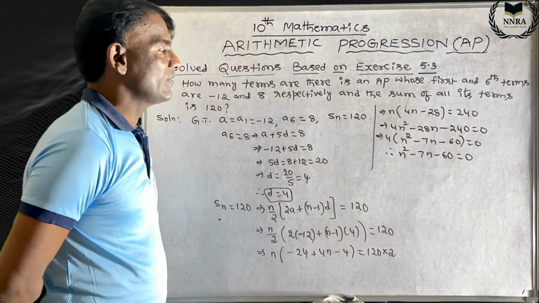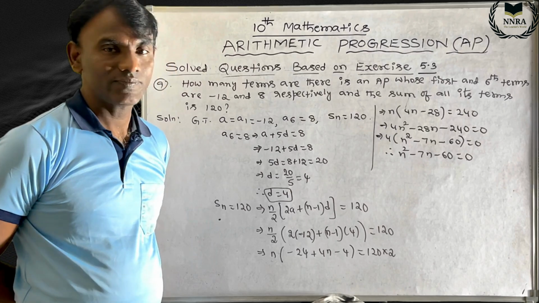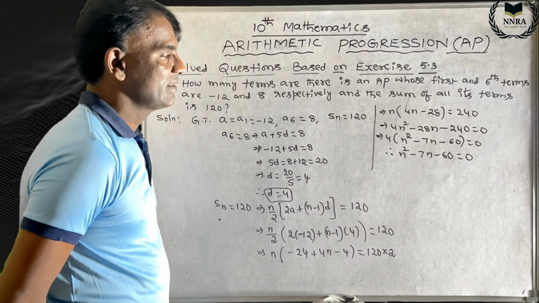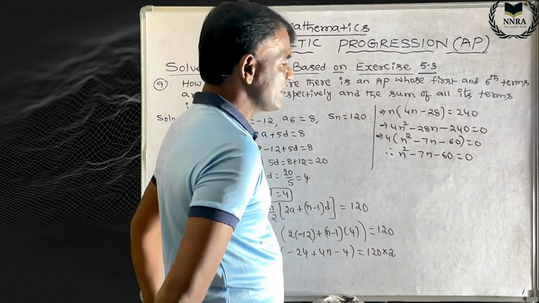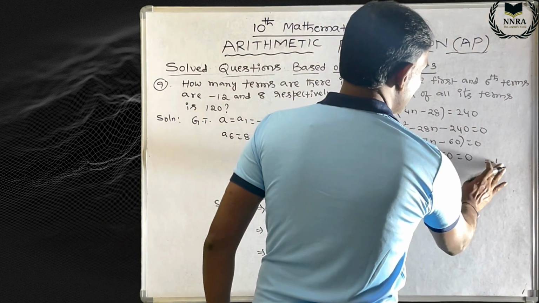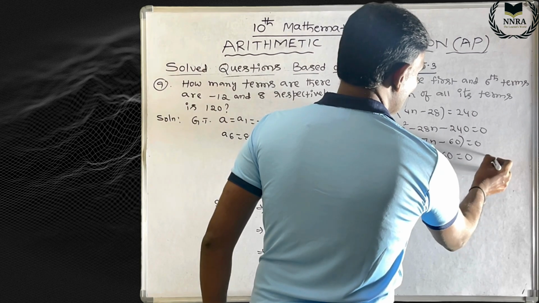But how to solve that? What are the factors for that? How to find? 1 into minus 60 is minus 60. So just write here minus 60.